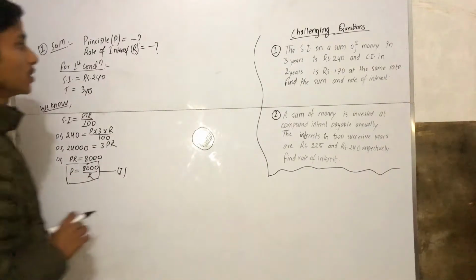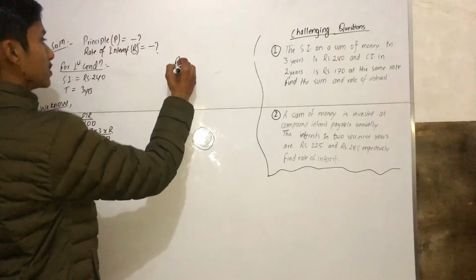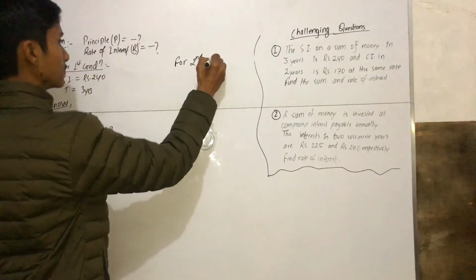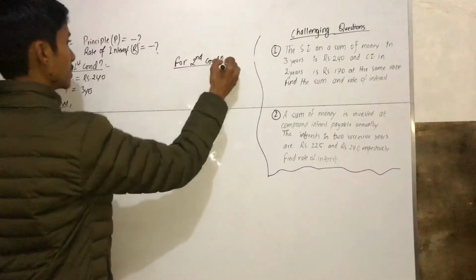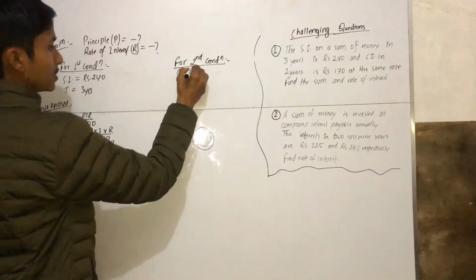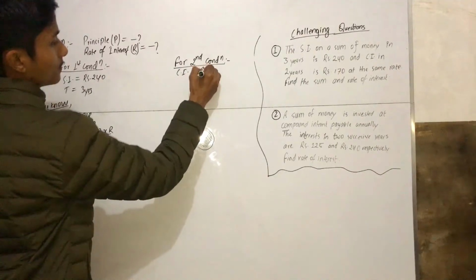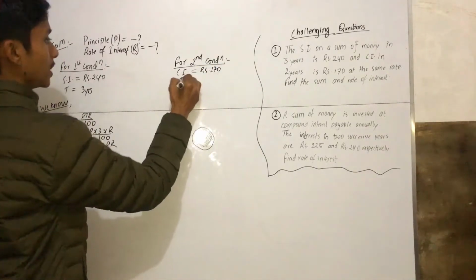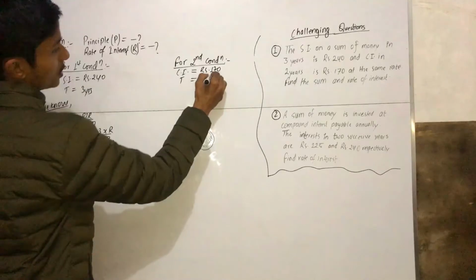So let's go to our second condition. What is given in the second condition? Our CI, that is Rs 170 for 2 years.